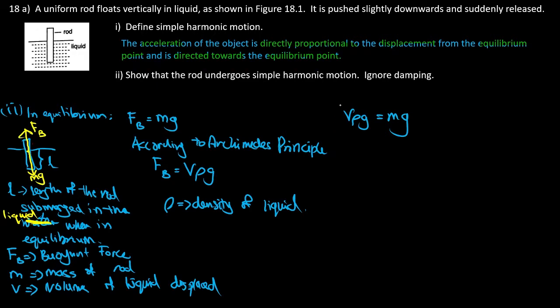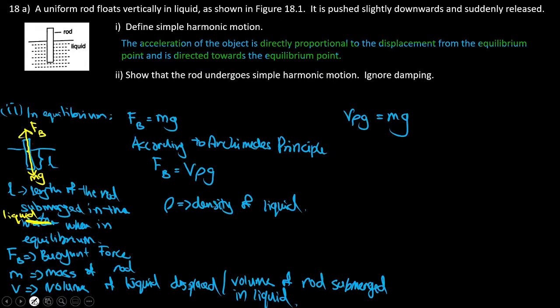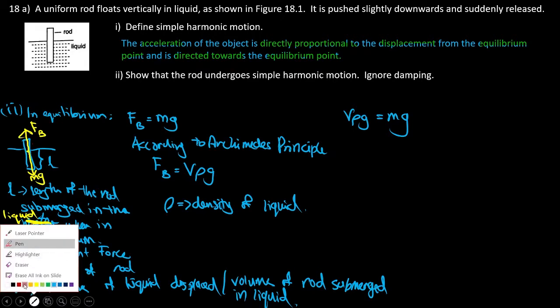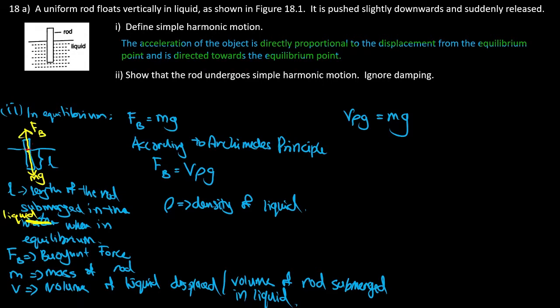V is the water displaced, so V is also equal to the volume of rod submerged in liquid. According to Archimedes' principle, V is actually this part.